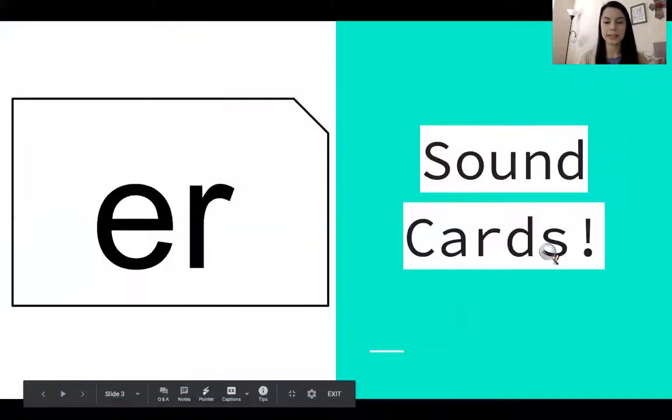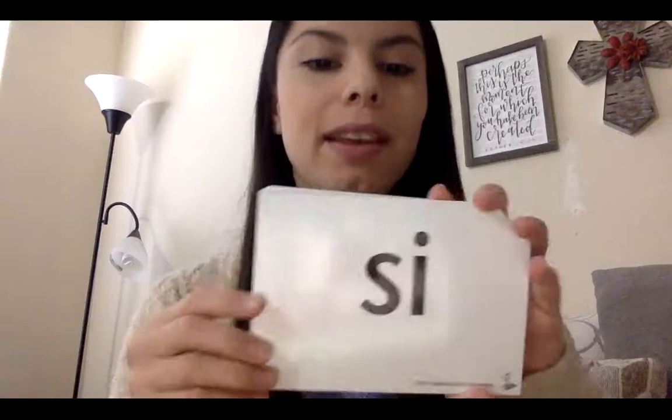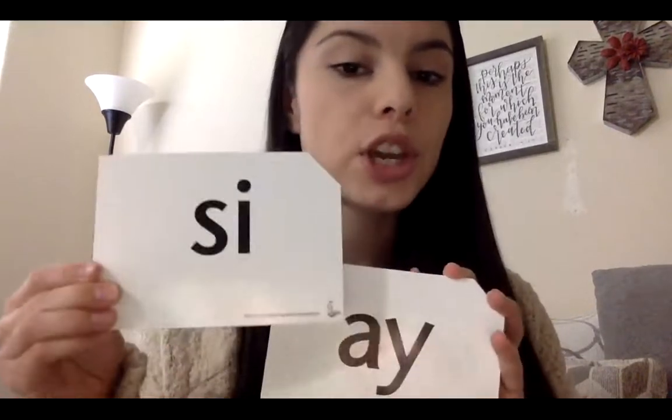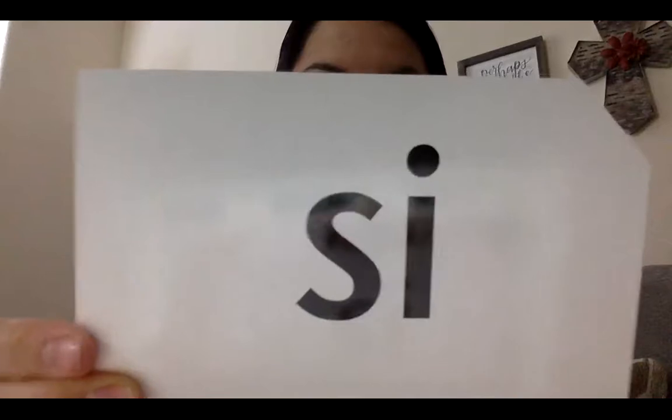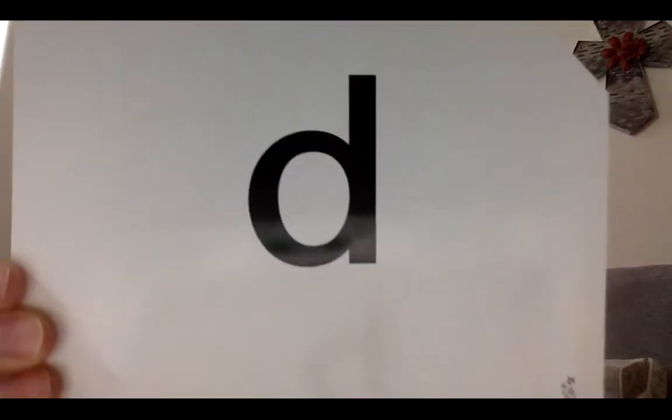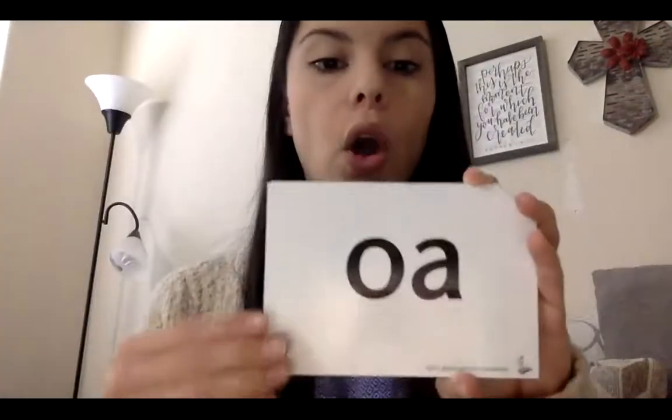We now have sound cards. Okay, SI says sh, zh. So that's two sounds, sh, zh. Yes, this can go at the end of a word.